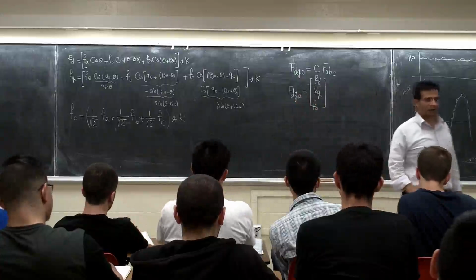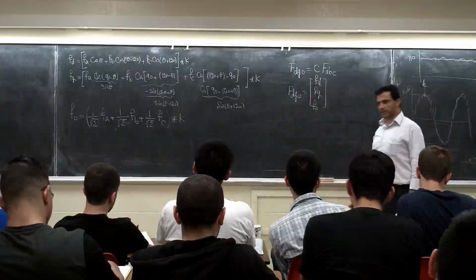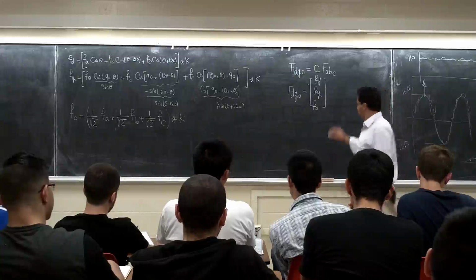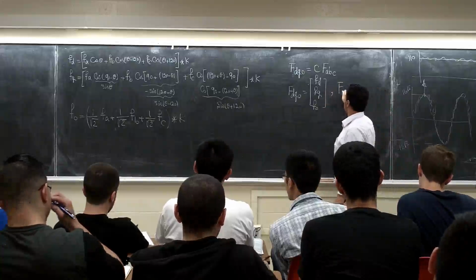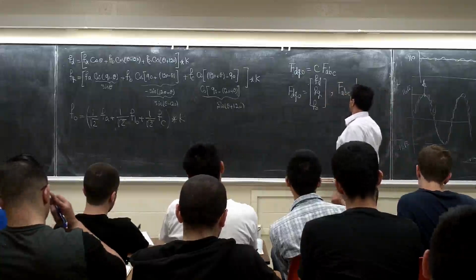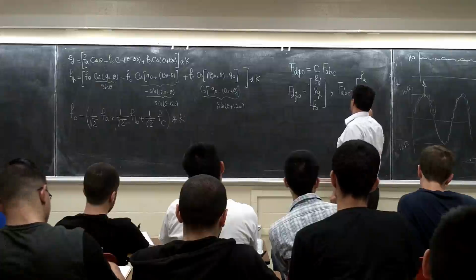Later on, we're going to use the voltage and current: VD, VQ, VO, and ID, IQ, IO. And F of ABC is FA, FB, FC.